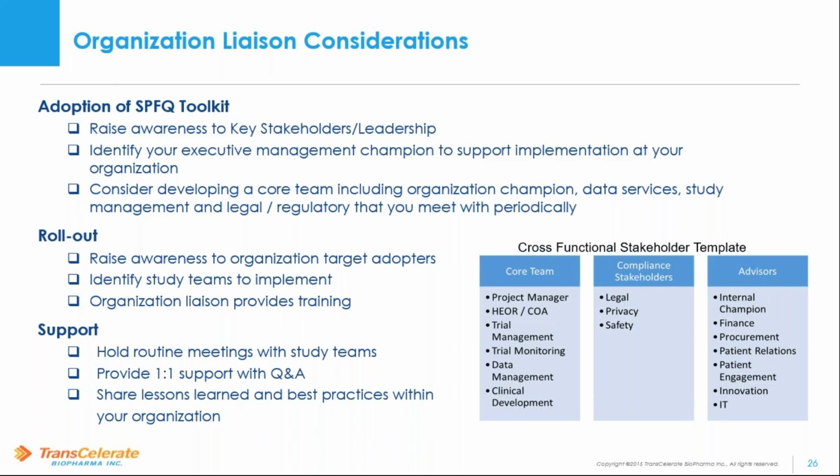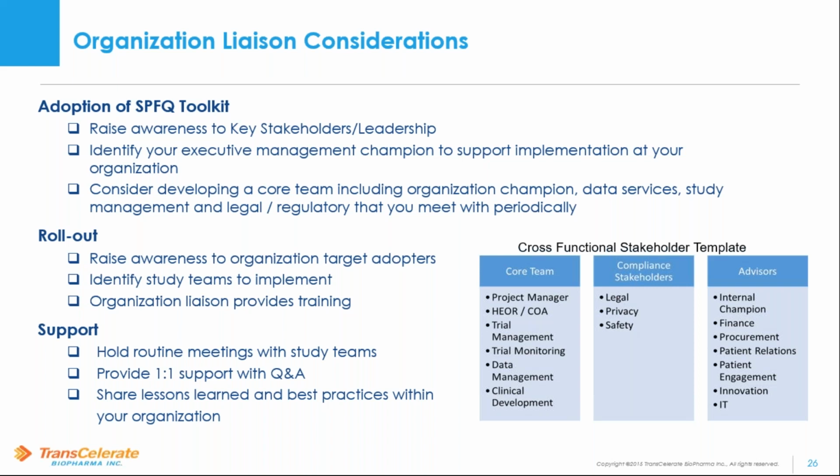The liaison should be prepared to help a study team raise awareness to internal leadership, and identify who on your executive board or management board would be your champion to help communicate that we want to support and use this in our organization.